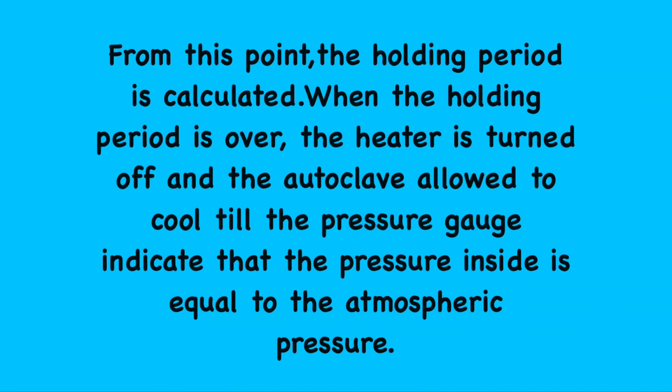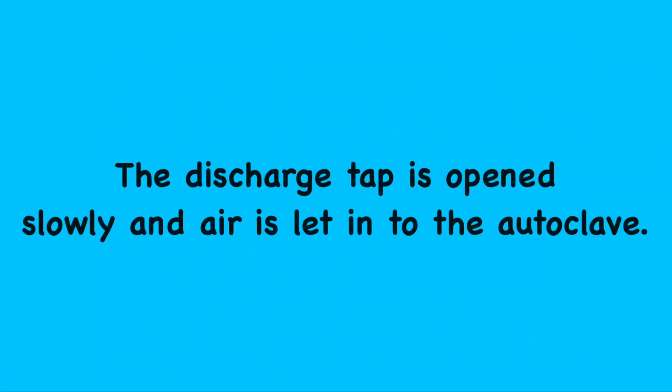From this point, the holding period is calculated. When the holding period is over, the heater is turned off and the autoclave allowed to cool till the pressure gauge indicates that the pressure inside is equal to the atmospheric pressure. The discharge tap is opened slowly and air is let into the autoclave.